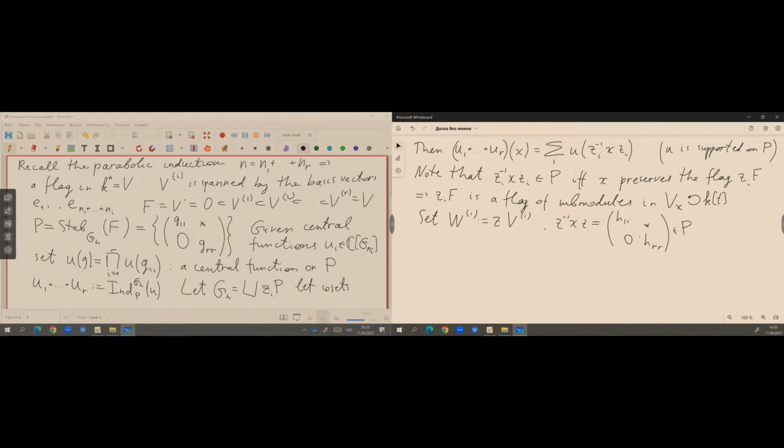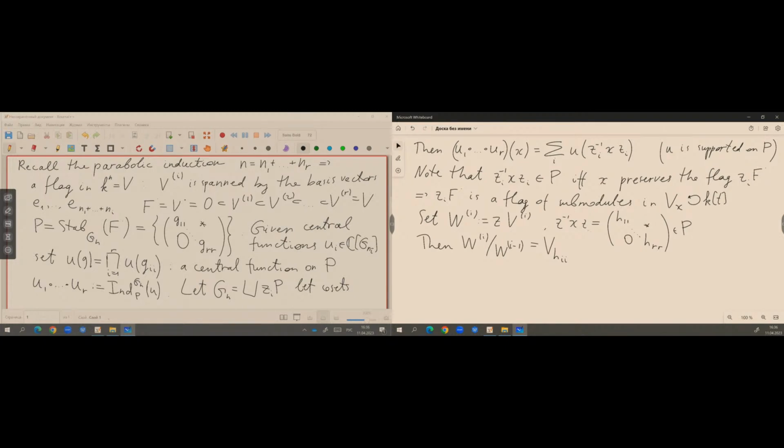So then the associated graded quotient Wi modulo W_{i-1} is again a module over K[t], corresponding to the element h_ii.